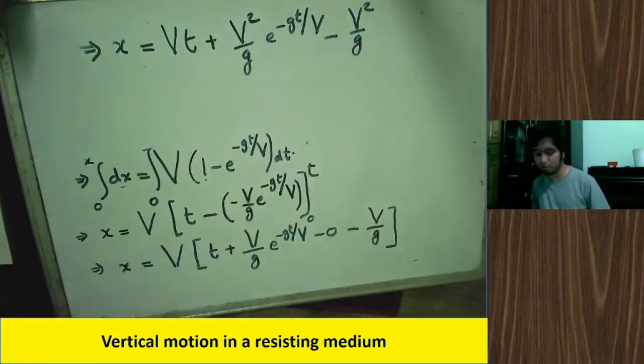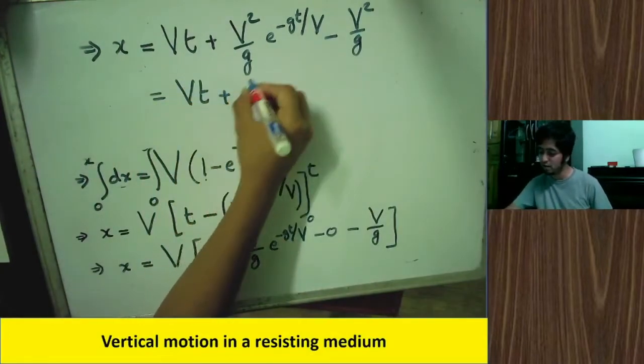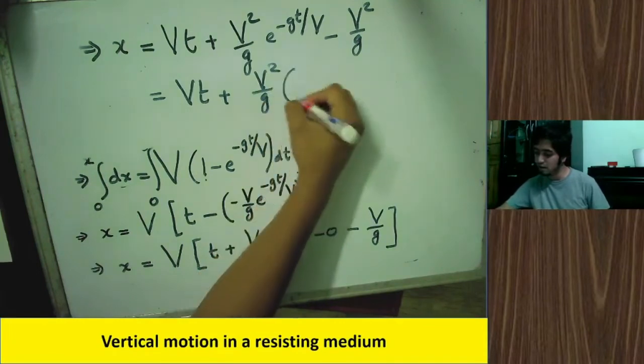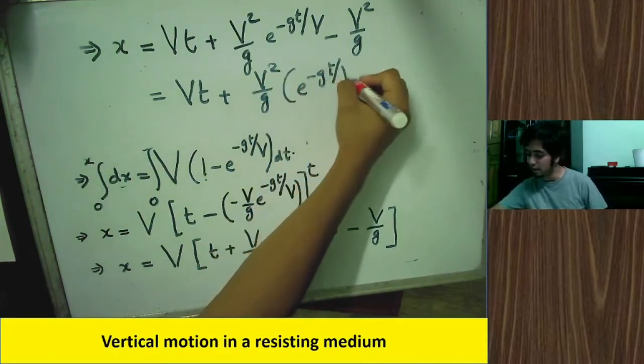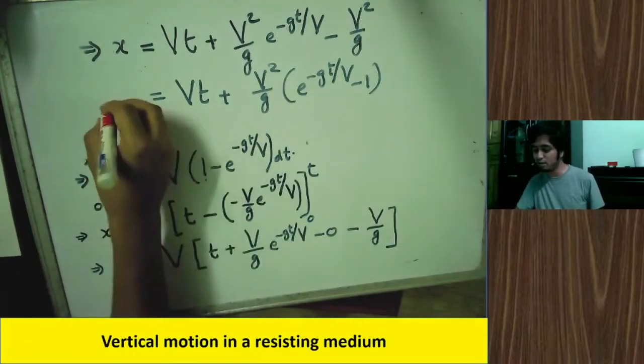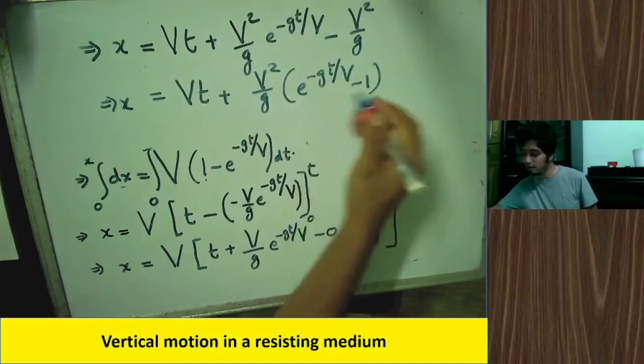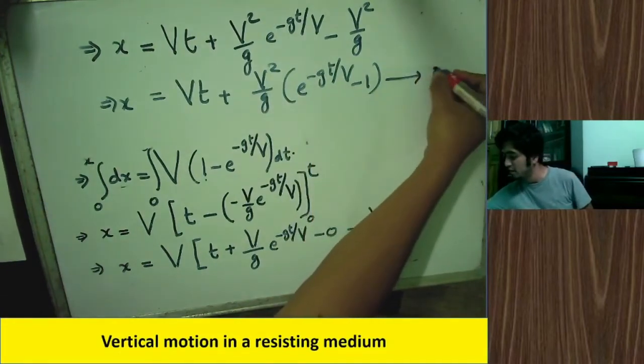So this is the required expression if you see. Actually they have taken common V square upon g, e power minus gt upon capital V minus 1. So this is the required expression between x and t. This one is number 2.